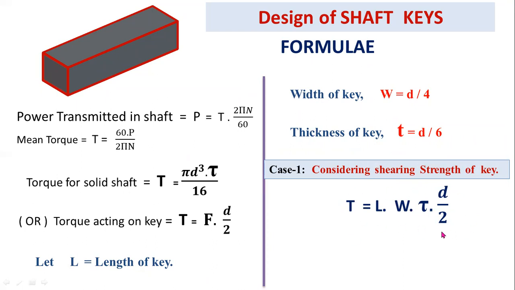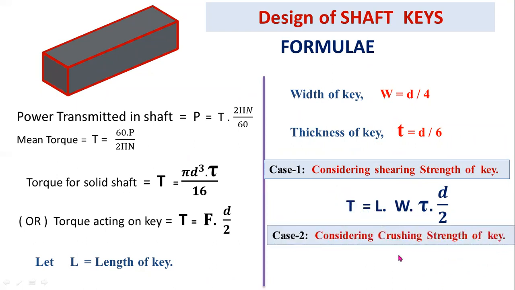From this equation, you can get the value of tau, the shear stress induced in the key material. Torque transmitted by the key equal to length of the key into thickness of the key by 2 into crushing stress induced in the key into radius of the shaft. So these all are the important formulas for design of shaft and keys.